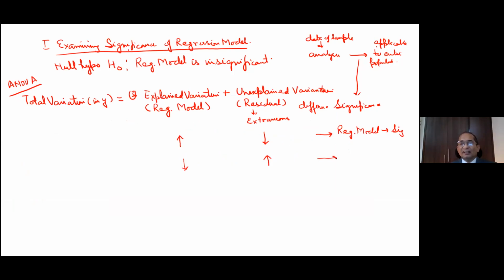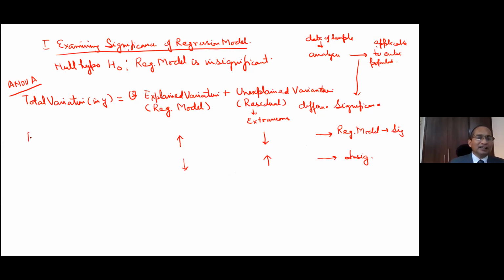Since mainly the variation is beyond the model, we can say that our regression model is not so good. Our regression model is insignificant in nature, meaning these predictors are not having the desired impact, right? So if explained variation is high, then obviously the model would become significant. Now the second question arises: how can we decide which variation can be termed high and which variation can be termed low?